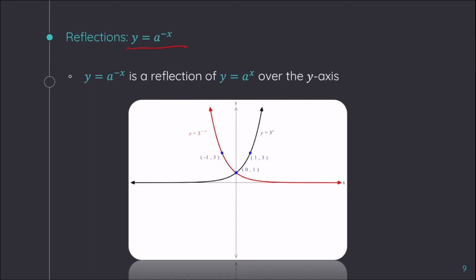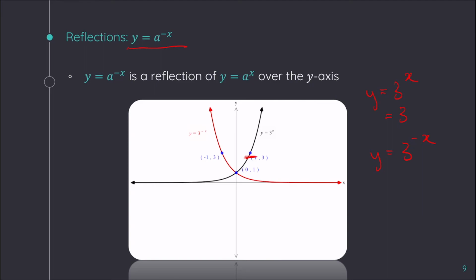Y equals a to the power of negative x. Same thing as the previous slide, but we are going to flip it over the y-axis. So what we are doing here is, let's say we're doing y equals 3 to the power of x, and y equals 3 to the power of negative x. If x is 1, then it's going to be 3. So we got this point right here.